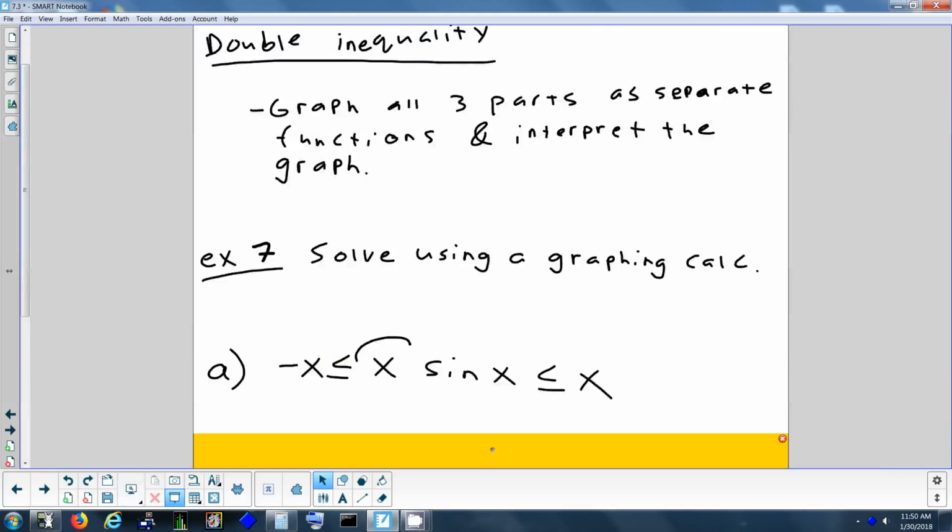I want to know where this graph is above or equal to negative x, but below or equal to positive x. So kind of what I'm looking for here is where is this graph in the middle sandwiched between 2 other things?